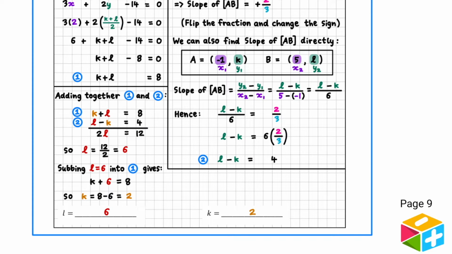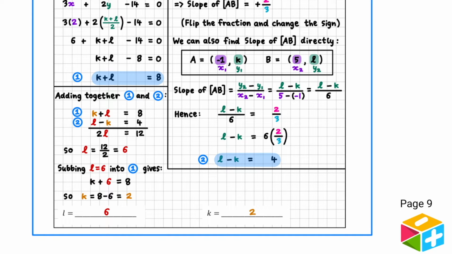This equation can be simplified a bit by multiplying both sides by 6. 6 times 2 over 3 is 4, so we end up with L minus k is equal to 4. I'll label this as equation 2. So, we found two equations in k and L. k plus L is equal to 8, and L minus k is equal to 4.